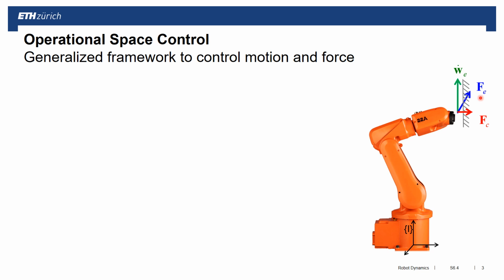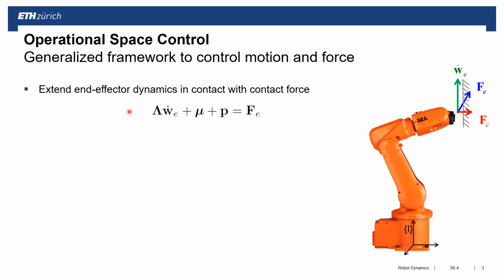That means the end effector force that the system has to apply is composed of a part that contributes to a contact force and a part that contributes to an acceleration in the motion directions. So in other words, I can now extend this end effector dynamics that we have derived before with these contact forces.